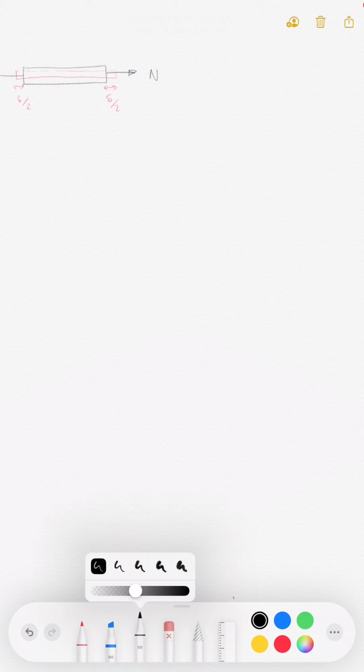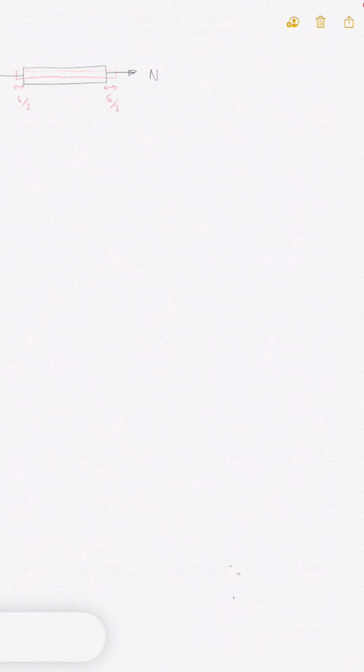So if I want to write it down here, it's simple. Sigma is equal to E epsilon, N over A is equal to E delta over L, and L is simply its initial length, L0, before the deformation.